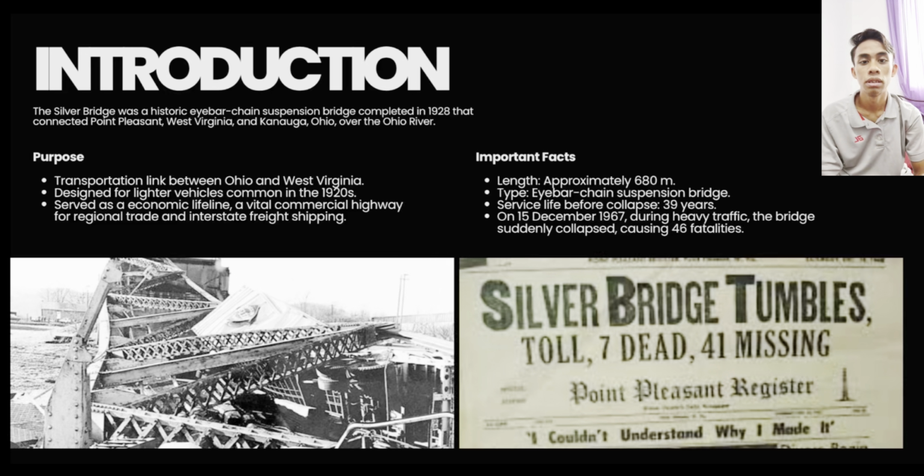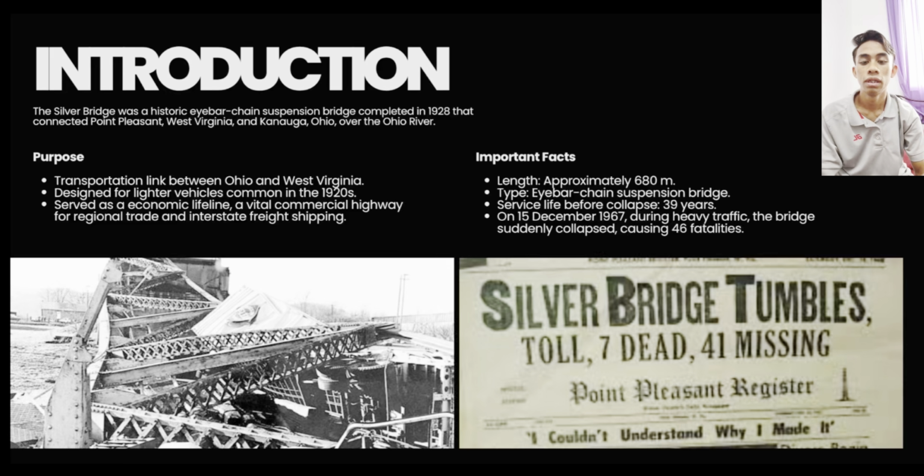As the years passed, the number of vehicles using the bridge increased, and the average vehicle weight became much heavier. This meant that the bridge was exposed to loads that were much greater than those originally anticipated by its designer.